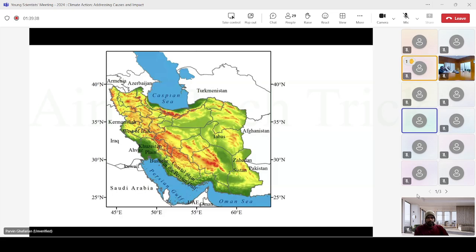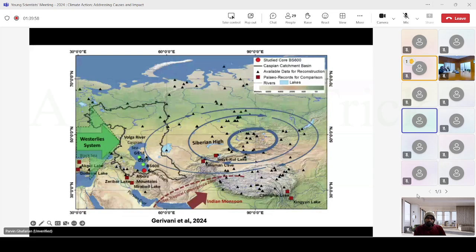Iran is experiencing climate change with increasing annual temperature and greenhouse gas emissions. This is leading to more frequent and intense extreme weather events such as drought and floods. In this picture, you can see the systems that can affect Iran's weather.